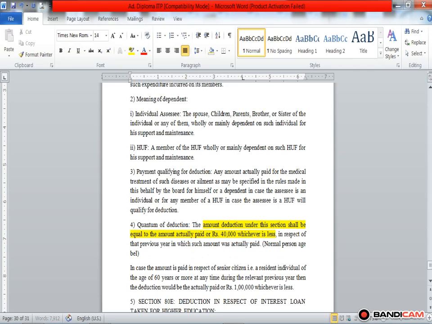Age below 60 years. Okay, so remember this.